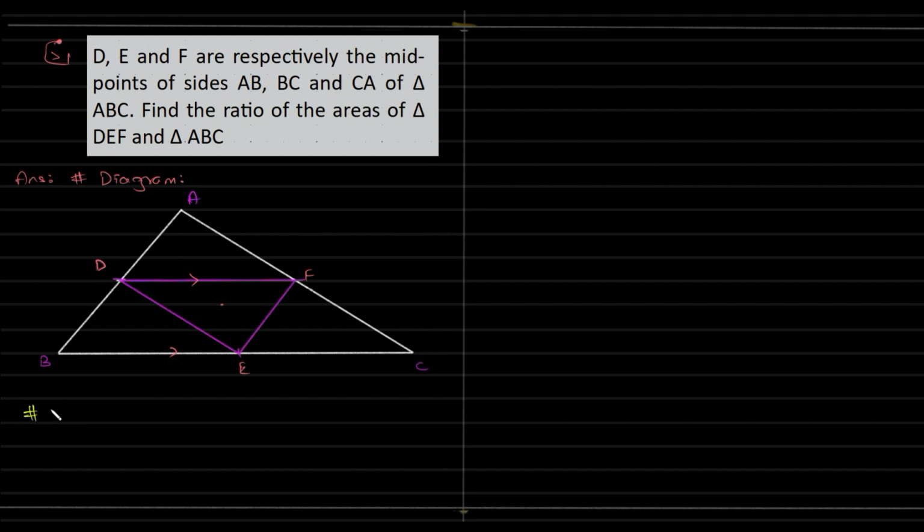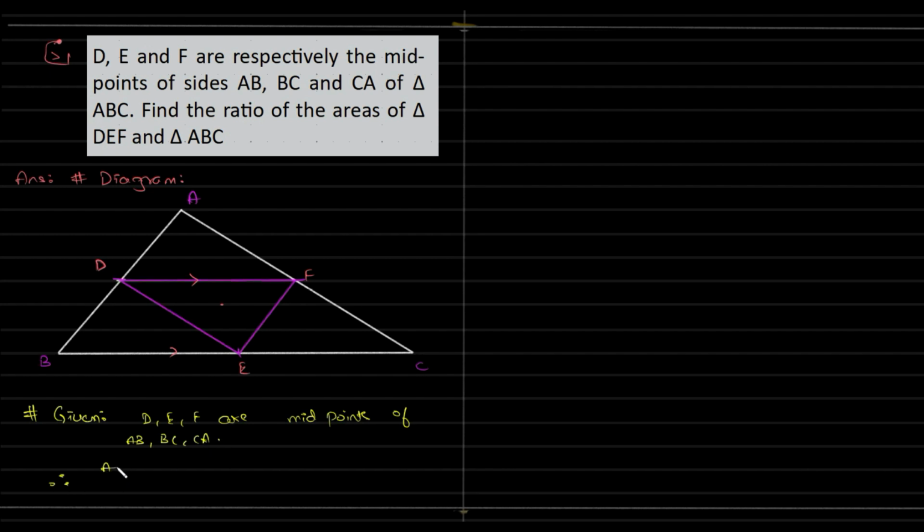So how do you prove that they are parallel in the first place? They're given that D, E, F are midpoints of AB, BC, and CA. Therefore, the ratios will be equal.